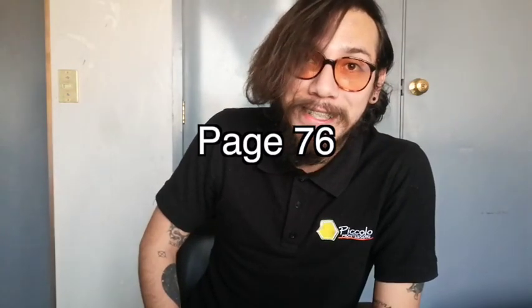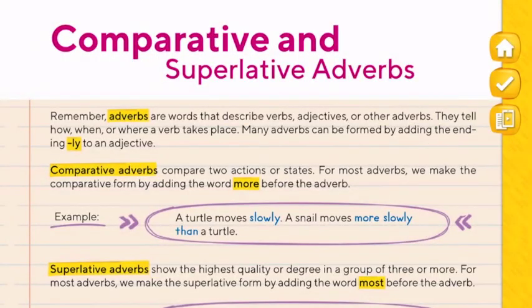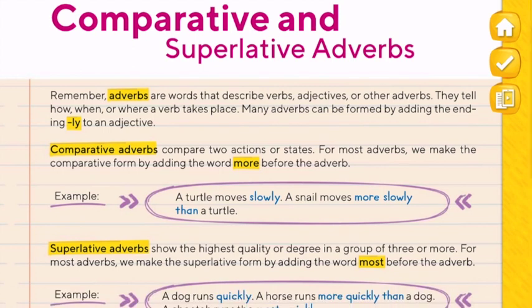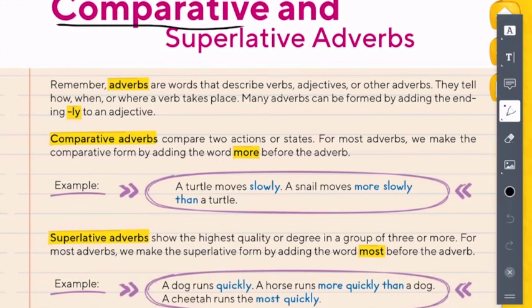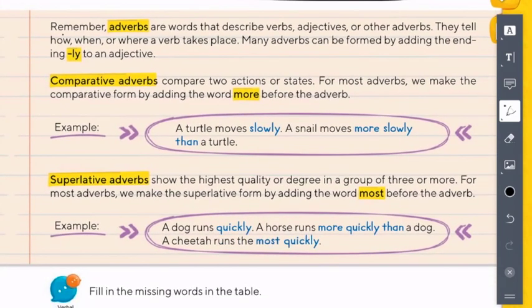The page is 76. Okay, let's go. All right, we're here on the page and let's read the title. Comparative and superlative adverbs. Okay, let's read. Remember, adverbs are words that describe verbs, adjectives, or other adverbs.